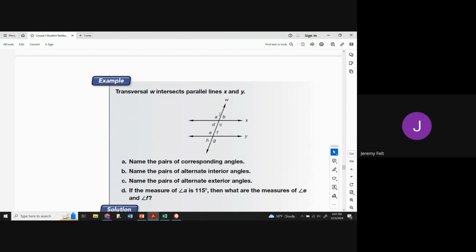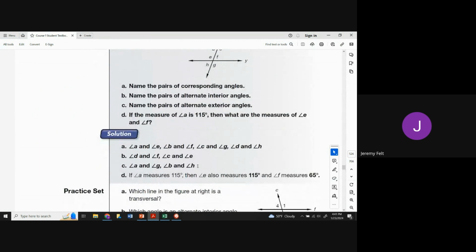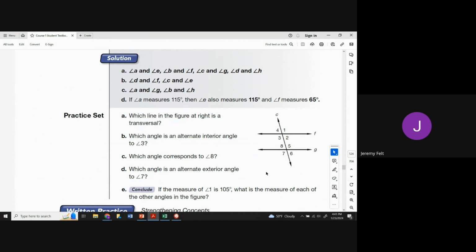Now we can name B and F correspond, B and H are alternate exterior, A and G are alternate exterior, D and F are alternate interior, C and E are alternate interior. So we can name all the rules, which kind of help, but the more important thing is being able to figure out all the different angle measurements. Okay. So 115 and 65.